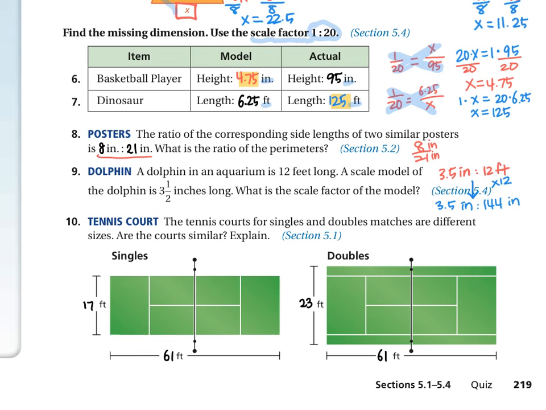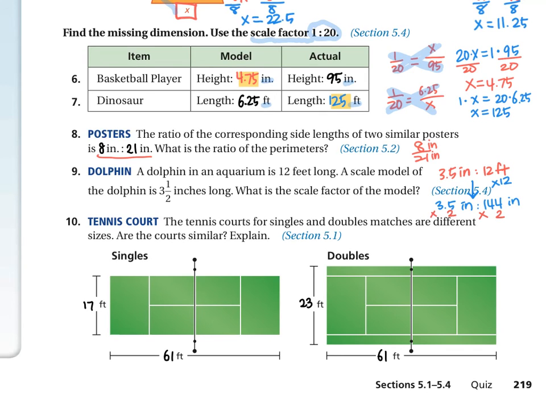When you have a scale factor though, you're not going to be able to use any decimals or fractions. So what I'm going to do is, instead of leaving it as 3.5, I'm going to make it into a whole number, and instead of dividing by any number that is smaller than 3.5, I'm simply going to multiply 3.5 by 2 and also 144 by 2 so that my left number can be a whole number.